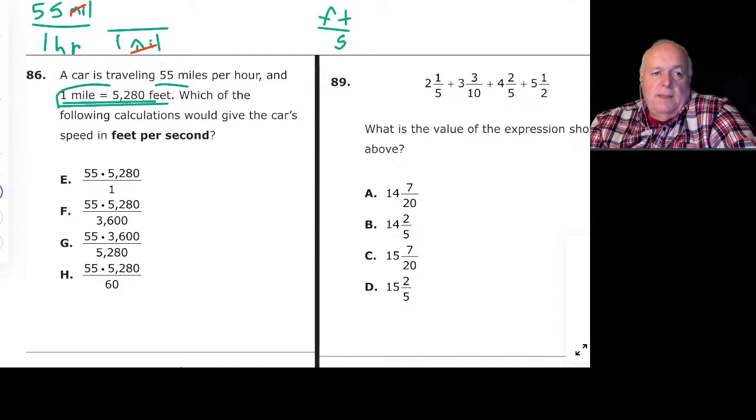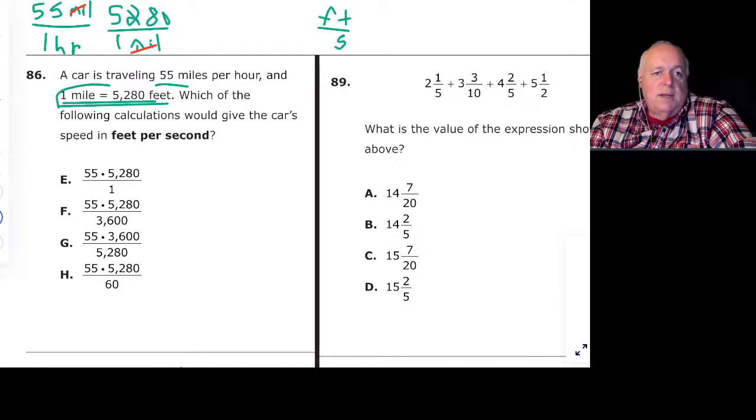That means 1 mile was the 5,280. And that's 5,280 feet, which is what we want to end up with at the top, because we know that from over here.